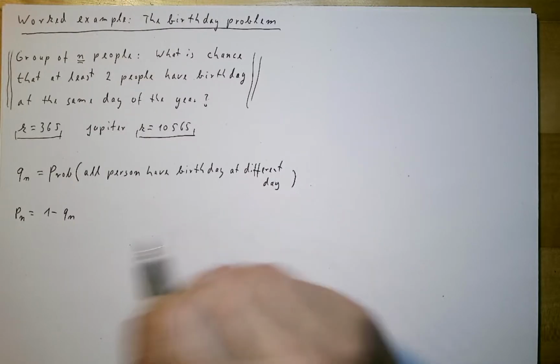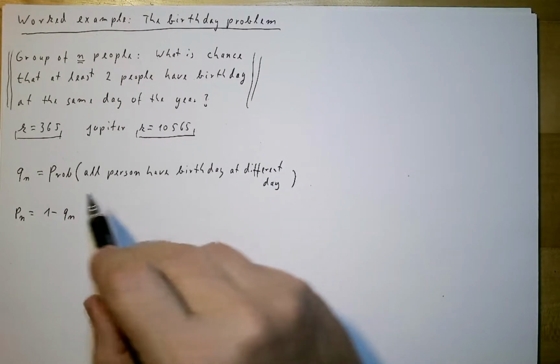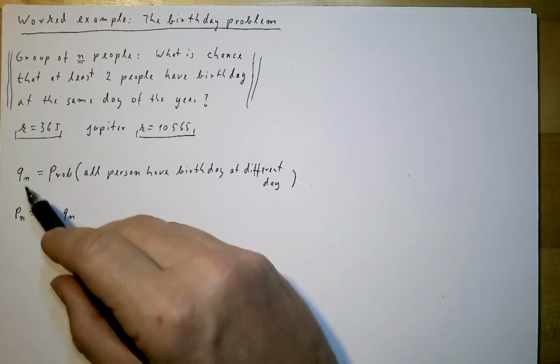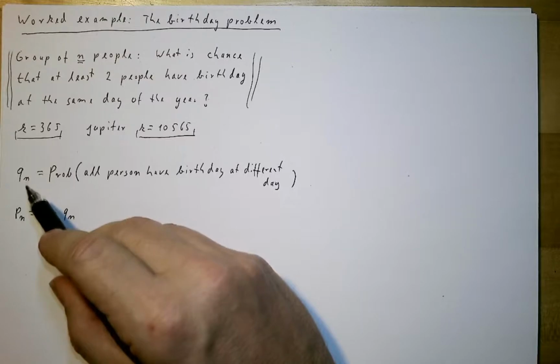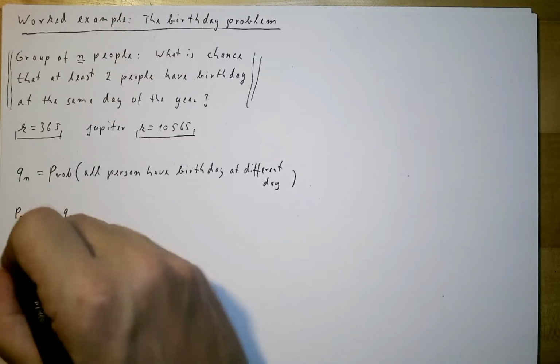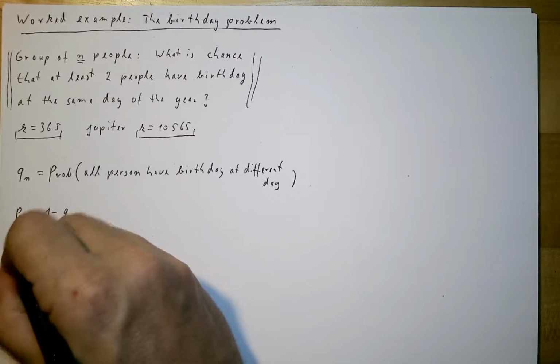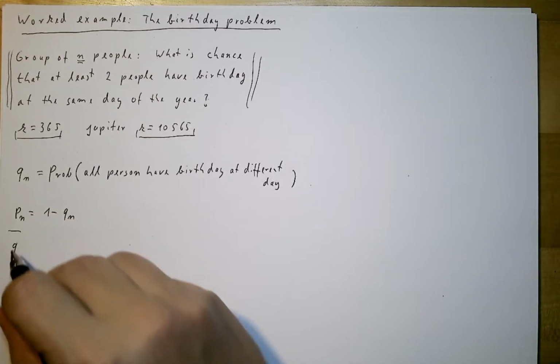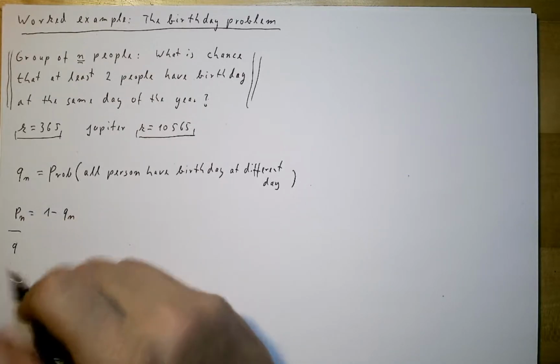This probability depends on the number of people. And sometimes when you don't know the solution directly, it's good to play around with parameters.